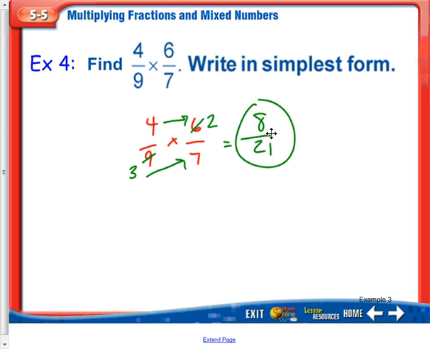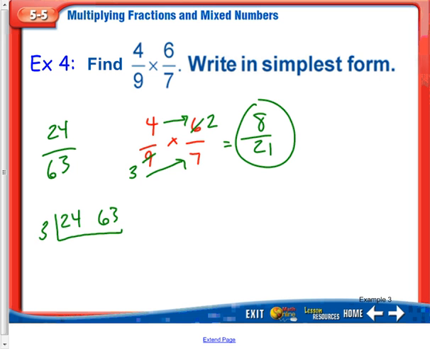It was a lot easier to check these numbers and multiply these numbers than if I would have done it without simplifying. 4 times 6 is 24, and 9 times 7 is 63. But I know that 24 and 63 are both divisible by 3. And so if I put those in the L method, 24 and 63, and again, I'm just proving that you can multiply these and simplify later, but it's a lot harder to do because the numbers are bigger.